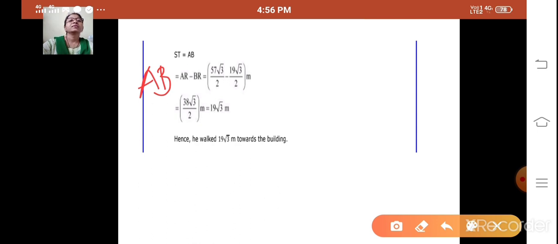Then subtract the numerators. Take out root 3 common. 57 minus 19 is 38. So 38 root 3 divided by 2. Further simplify, cancel with this 2. So you will get 19 root 3 meters. Hence the boy walked 19 root 3 meters towards the building.